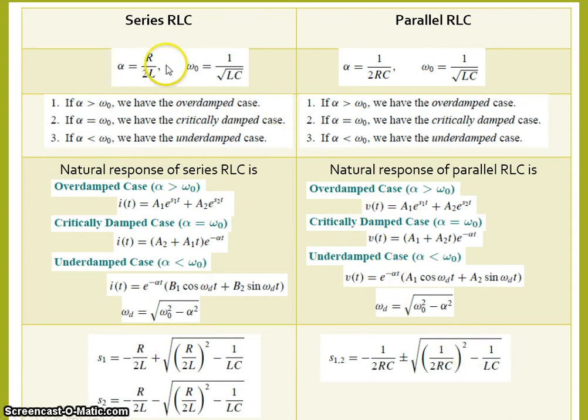The only difference between series and parallel is your alpha value. Alpha is R by 2L here, and in parallel alpha is 1 by 2RC. With this, our RLC circuit concept is over. We'll see the problems in the class and discuss some more concepts in the class.